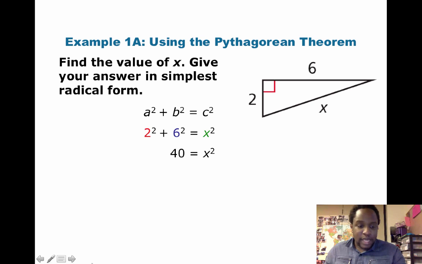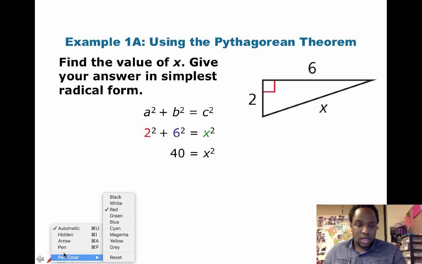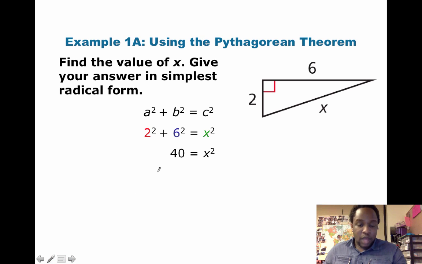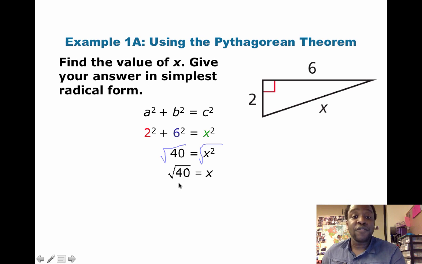We will then do the square root property of equality and take the square root of both sides. And we get that x is equal to the square root of 40. But remember, we can simplify the square root of 40.